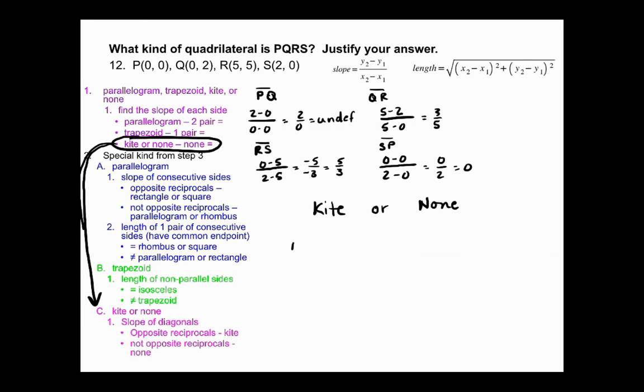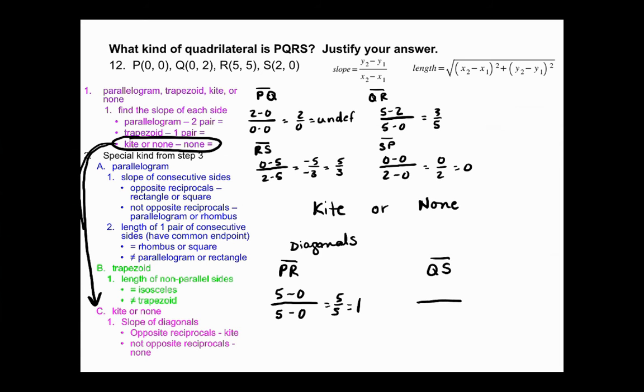So our diagonals connect non-consecutive vertices. So that means we're going to work with PR and QS. And once again, we're using the slope formula. So y2 minus y1 over x2 minus x1. So this is a slope of 1.